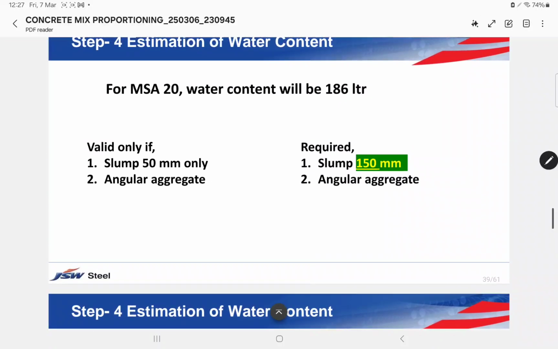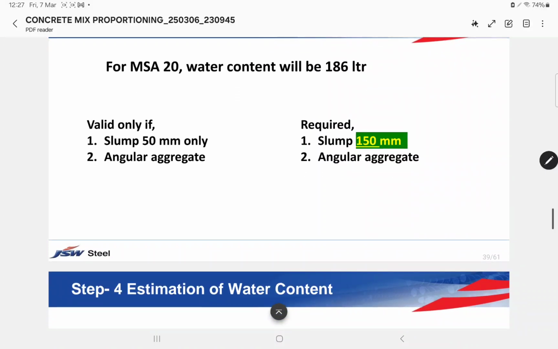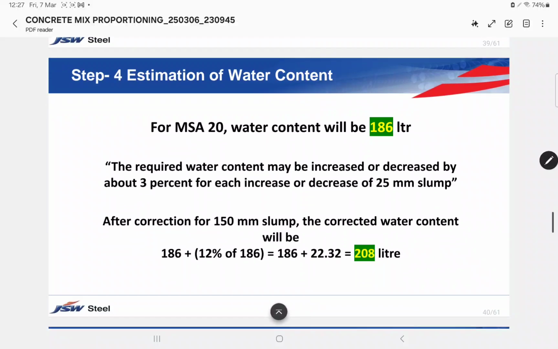But in our case we need a slump of 150. The second requirement is valid, we have angular aggregate, but here instead of 50 we need a slump of 150. So how to do the adjustment for that? IS specifies that for each 25 increase of slump you need to add 3% extra water.